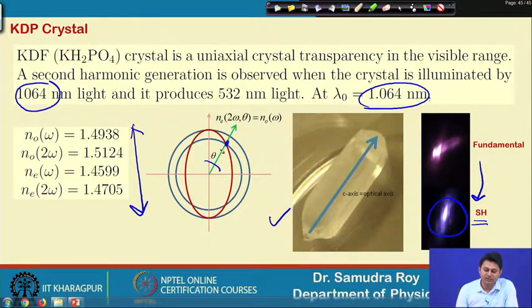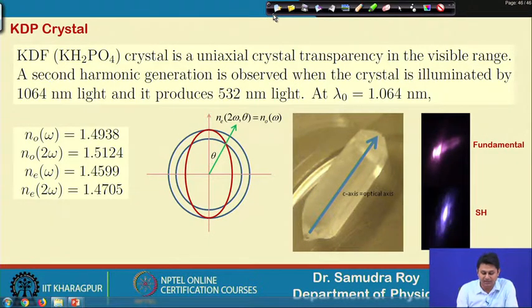The important thing is that here we have a crystal which is negative in nature, because n_o(omega) is greater than n_e(omega).